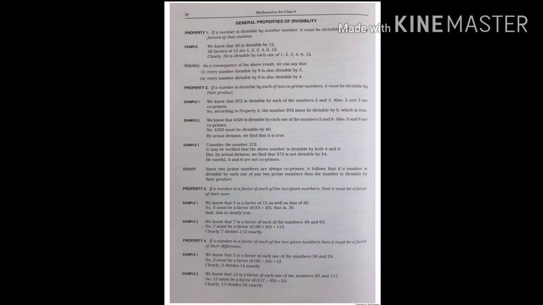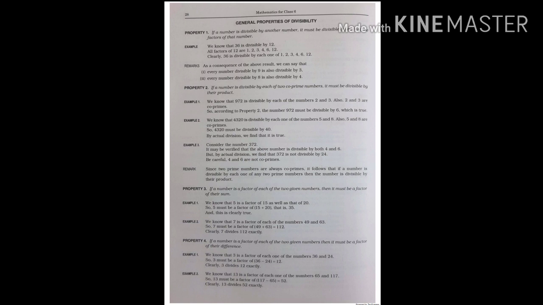That means 36 is also divisible by all the factors of 12, that is 1, 2, 3, 4, 6 and 12. It means that we can conclude that every number which is divisible by 9 is also divisible by 3, and every number which is divisible by 8 is also divisible by 4, as they are the factors of 9 and 8 respectively.